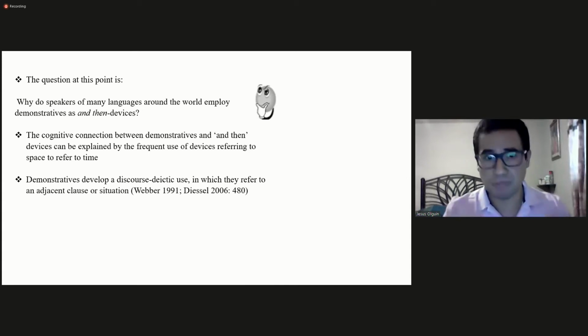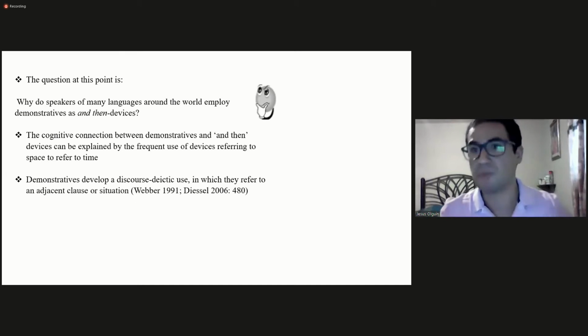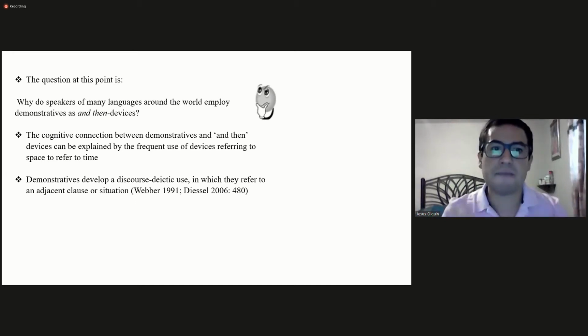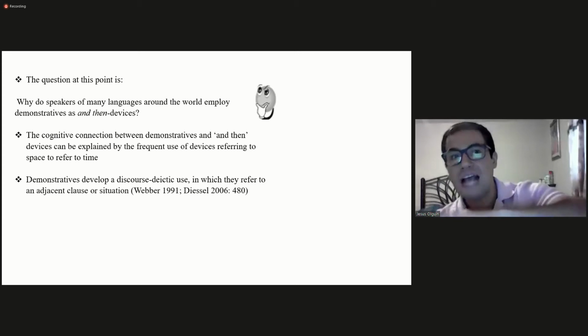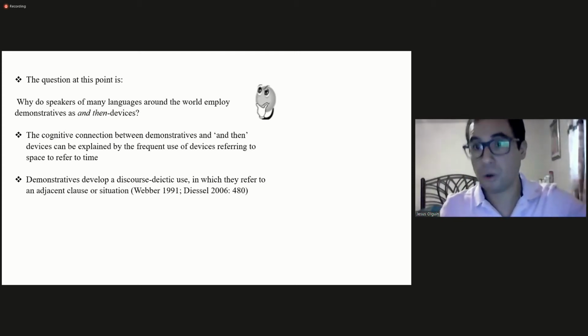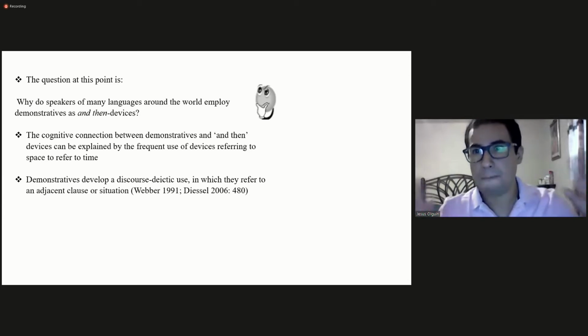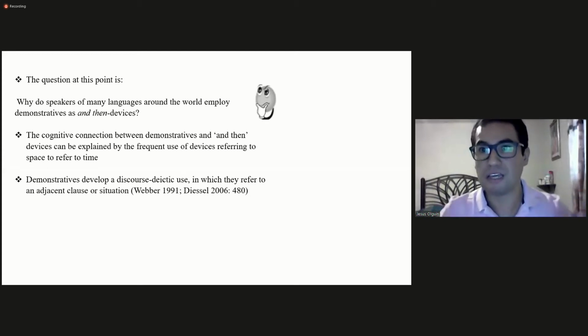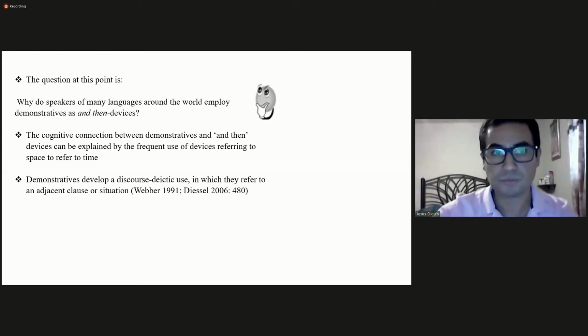And this can be explained by the frequent use of devices referring to space for time. Demonstratives in many languages around the world develop a discourse-deictic use in which they refer anaphorically to the adjacent clause or situation. And that's maybe the possible diachronic explanation why we find demonstratives being grammaticalized as and then devices.